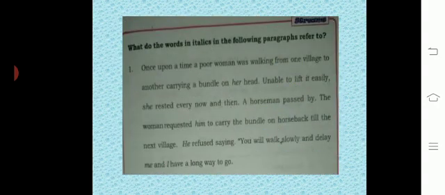I had told you in the last class, dear students, to solve the examples from page number 13 of your grammar text. But I thought I'll solve it also for you. Let's see. This is page number 13, example number 1 of your grammar text.